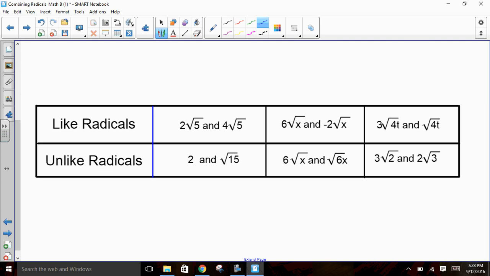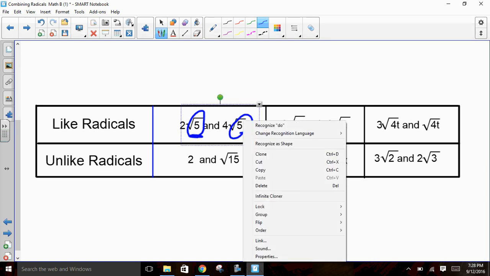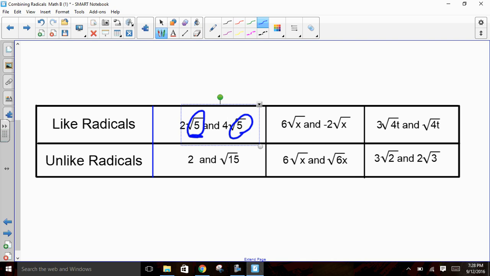So, for example, I have the square root of 5 here and the square root of 5 here. They are the same number underneath that radical. 2 and 15 have nothing in common.